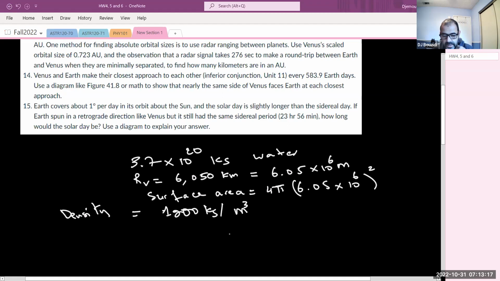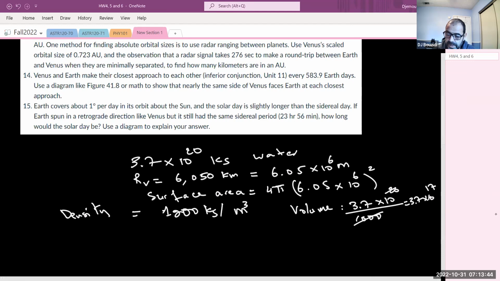So the volume of water that you will end up with is going to be 3.7 times 10 to the power 20 divided by 1,000, which means that this is 3.7 times 10 to the power 17 cubic meters. That's the volume.